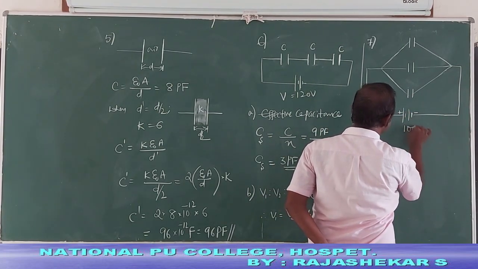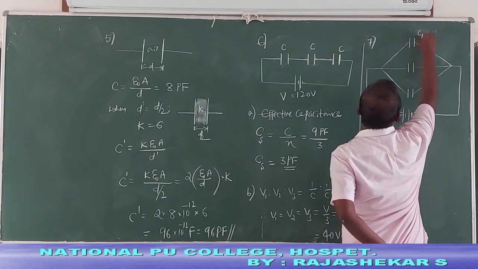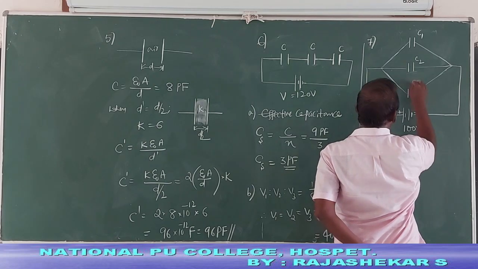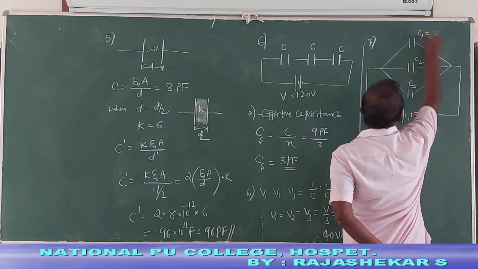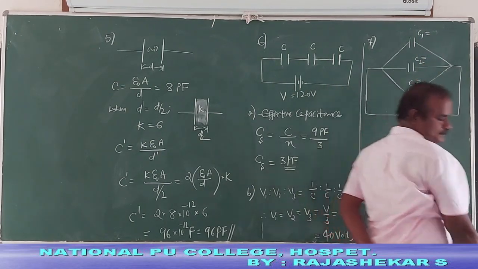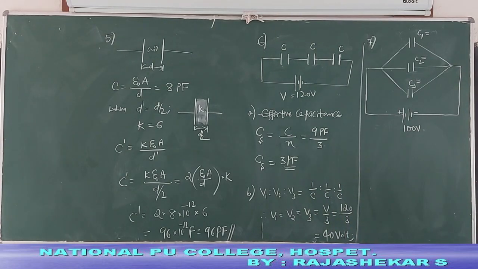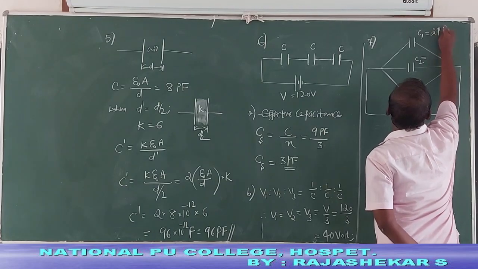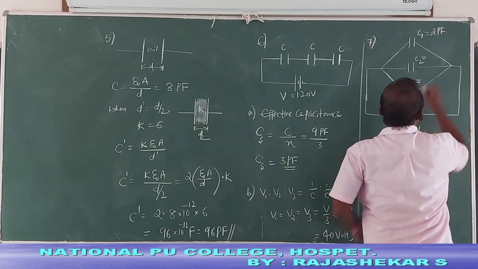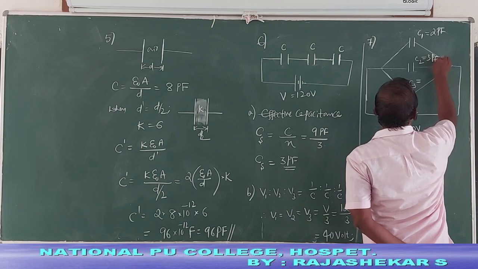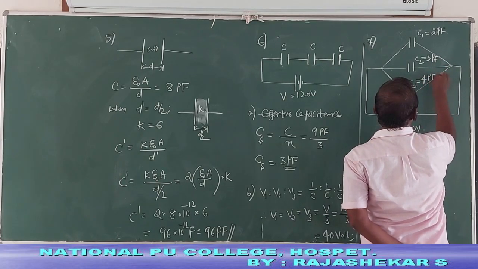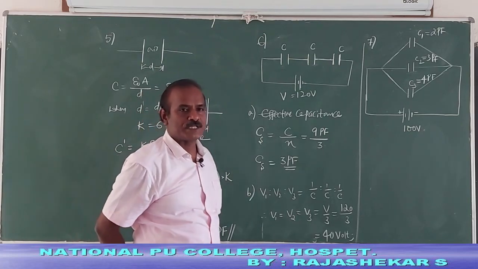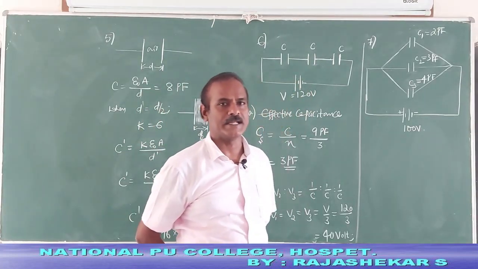This is C1, C2, this is C3, and what are the values given, students? 2 picofarad, 3 picofarad and 4 picofarad. Well, friends, here is the arrangement for a parallel combination of three capacitors which are not identical.